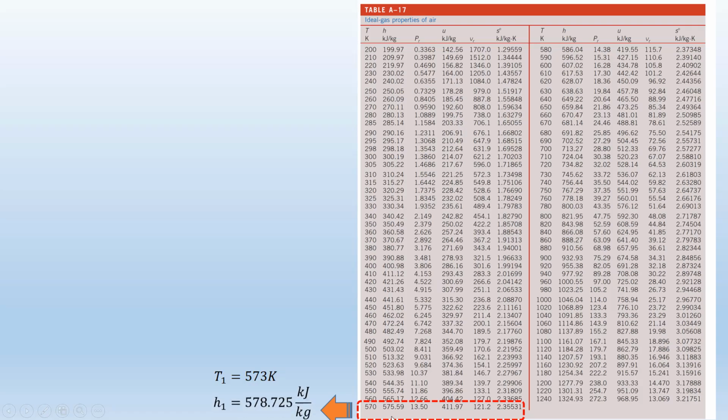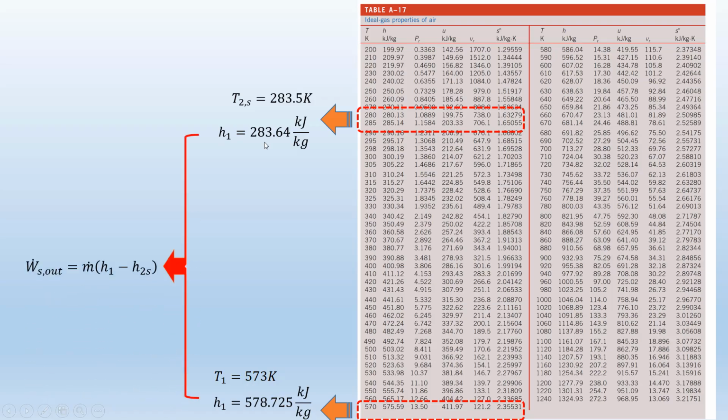So this is the H1. Then for the T2S you can find the H2. This is the H2, guys, it's a typo. Again, you need to do the interpolation to find the H2. You have the m dot, H1 and H2S, and then you can find the W dot S for the isentropic one.